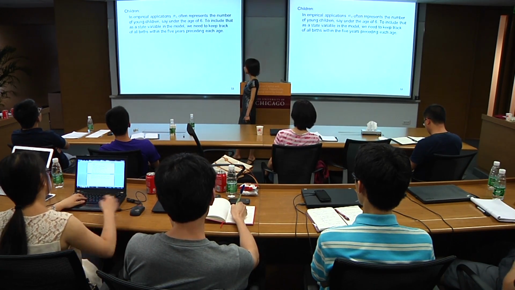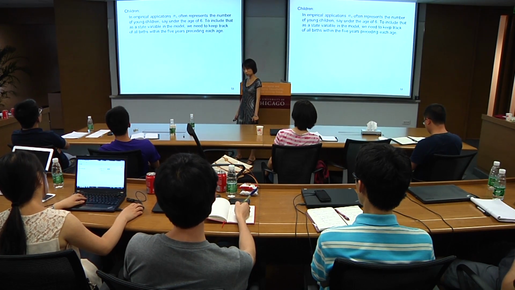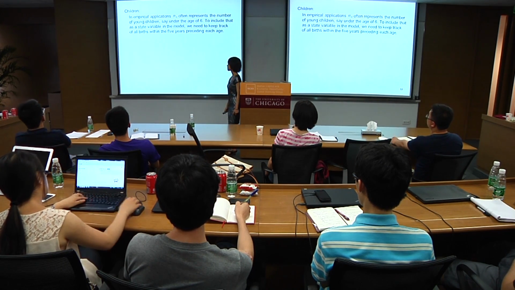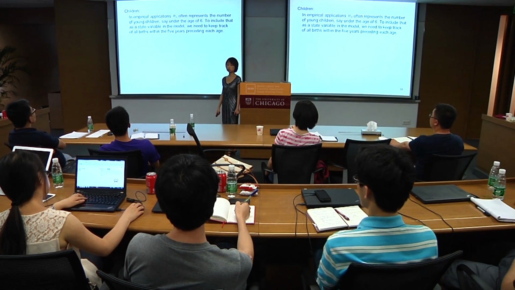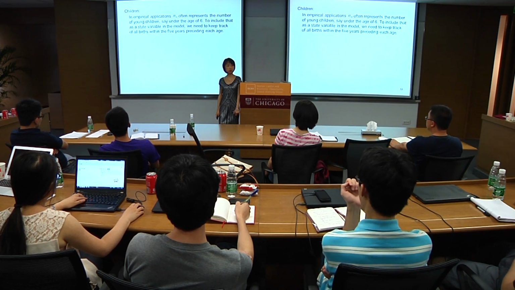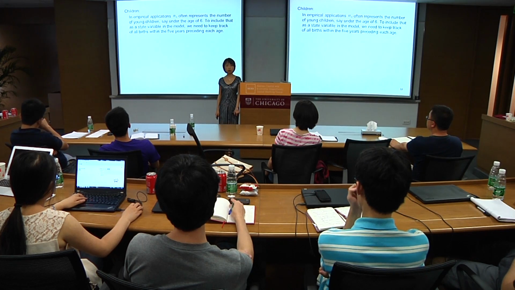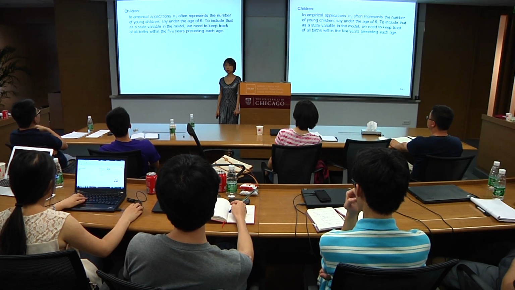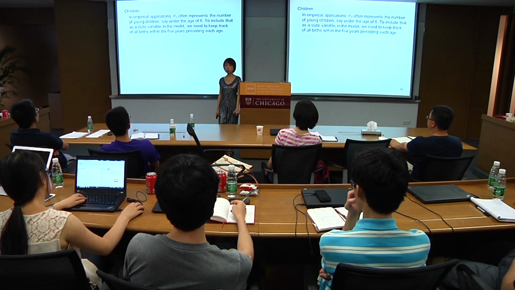And to include that as a state variable in the model, we need to keep track of all births within the 5 years preceding. Right? That's how you get a kid below age 6. You have to keep track of when they were born.